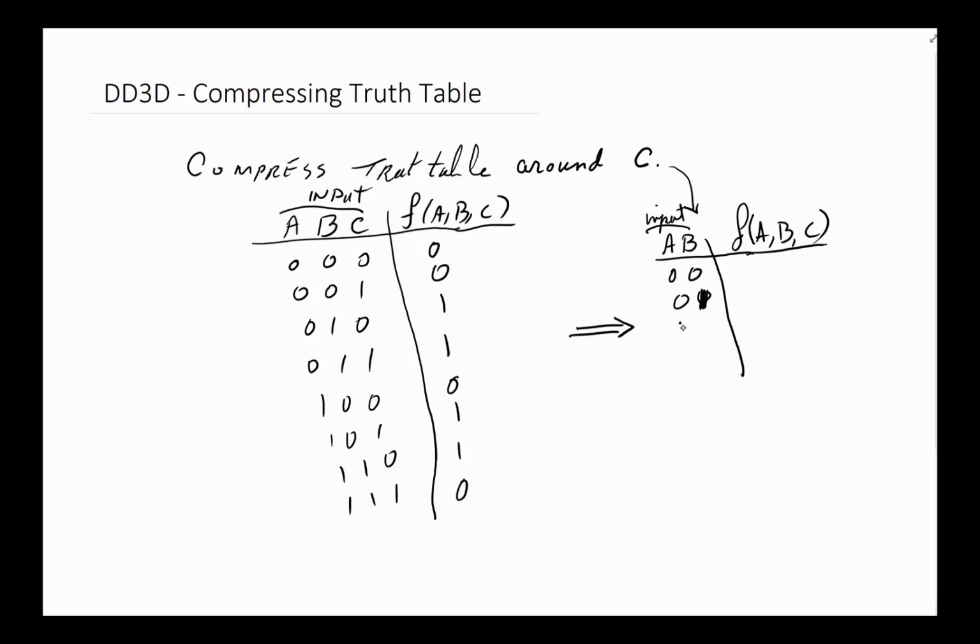All right, so this one is very nice because C is the least significant bit, and I'll use a different color so it's easier. C is what we want to compress around, and they were nice enough to give it to us as the least significant bit. So all we have to do is group the rows such that each group has A and B the same, but C changing.